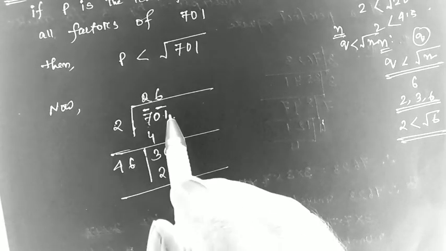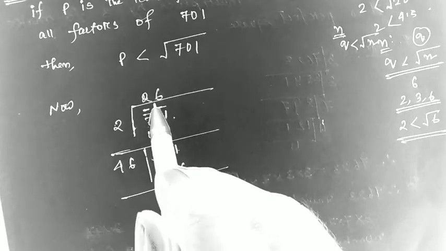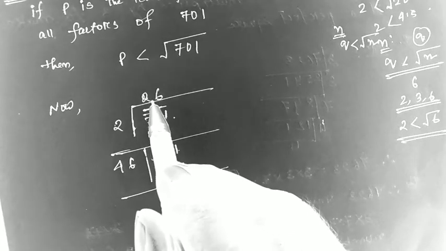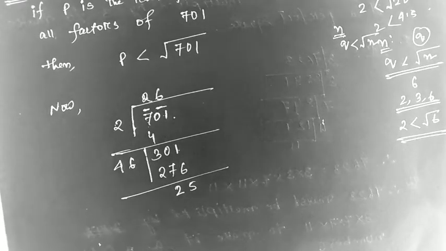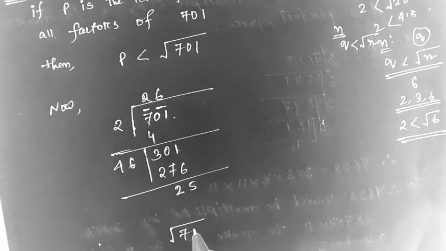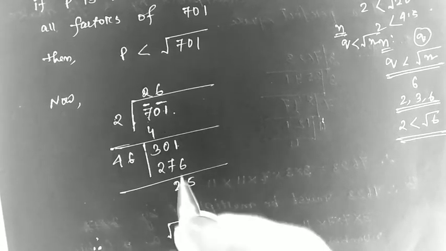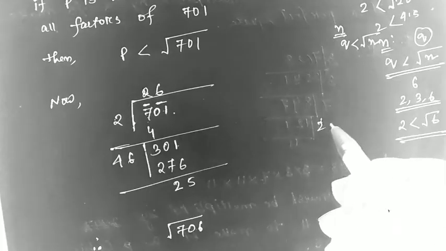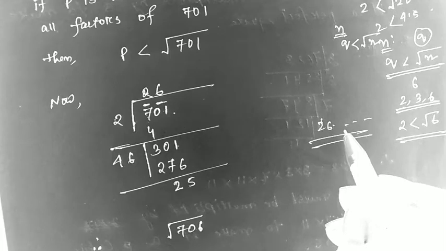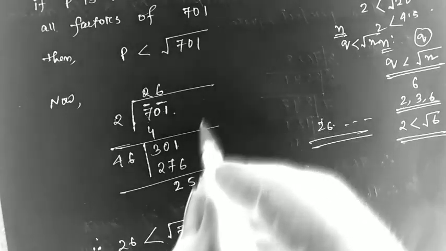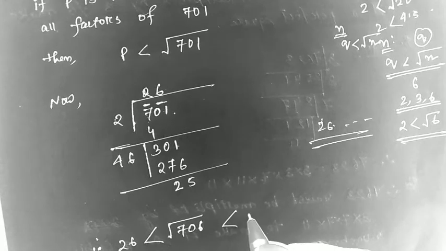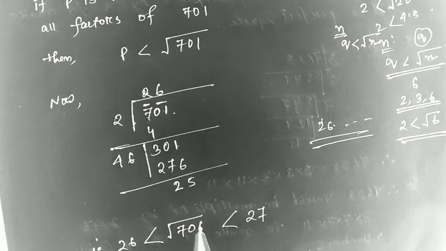Since the square root of 701 is not exactly 26, therefore we can write that root over 701 would be 26 point something, which is greater than 26, but less than 27, because it is not exactly equal to 27 nor more than 27.